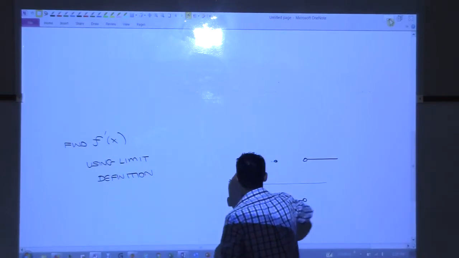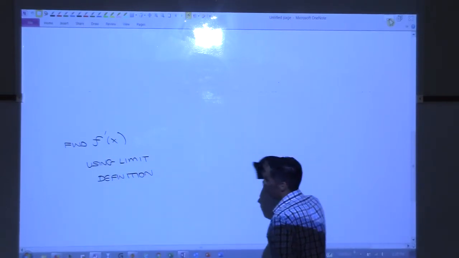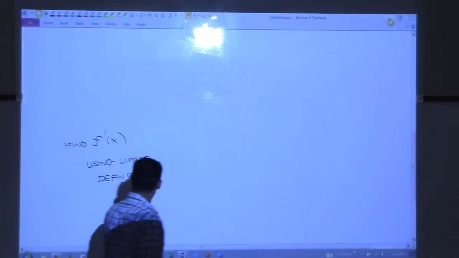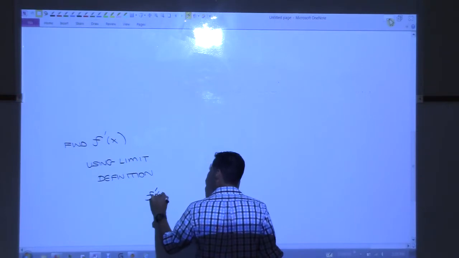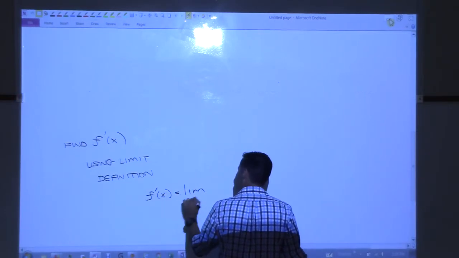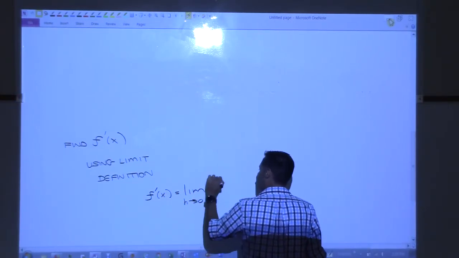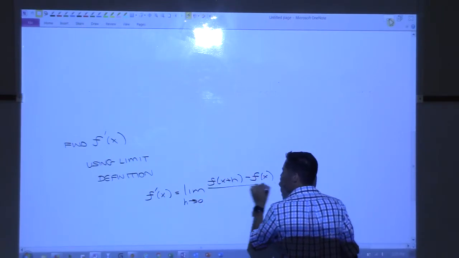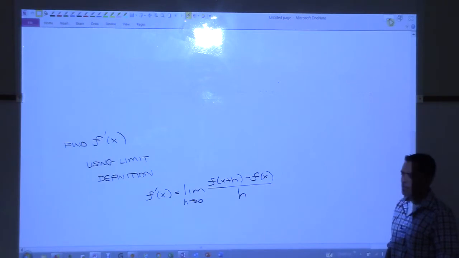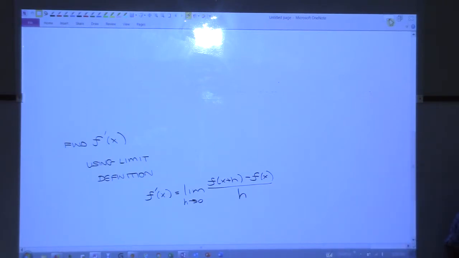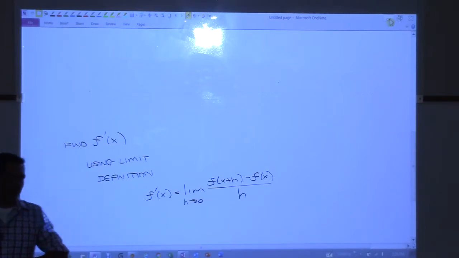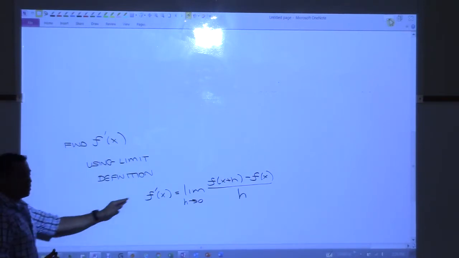So that means I want you to find the derivative without using the shortcuts, which means you have to use that definition: f prime of x equals the limit as h goes to 0 of f of x plus h minus f of x, all over h. I do not intend on giving you that formula because you've all memorized it by now, so there's no need for me to give that to you. Make sure you know it.